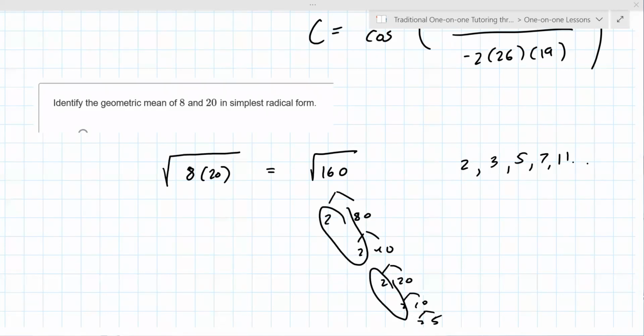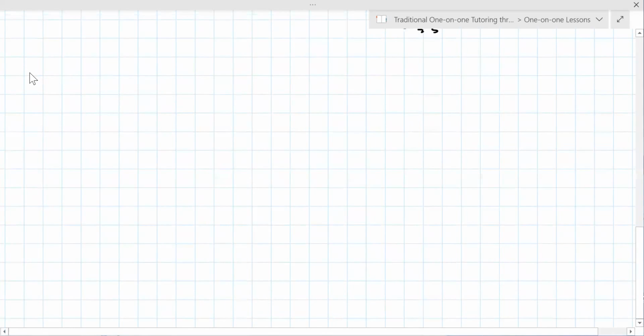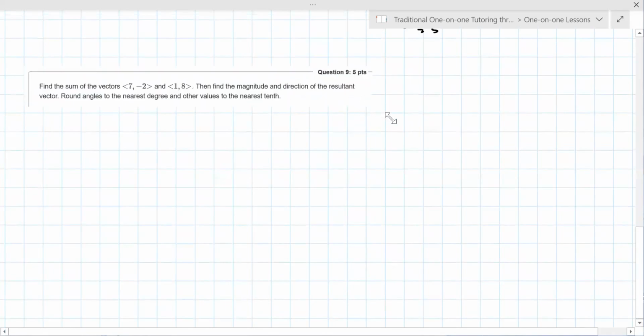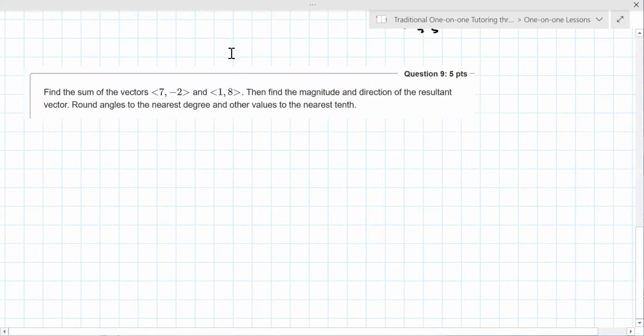So now the next question. We're going to do this in pieces. It says to find the sum of the vectors. So you're going to add the x's and you're going to add the y's. These are the x's, these are the y's.